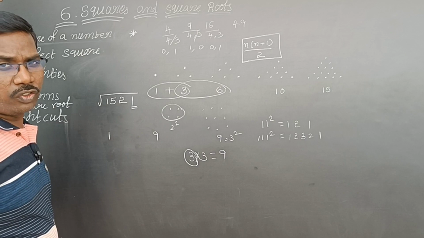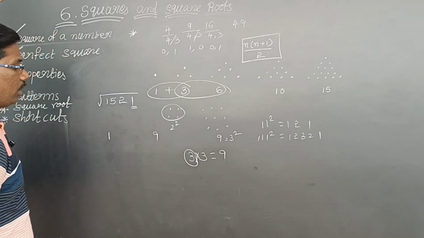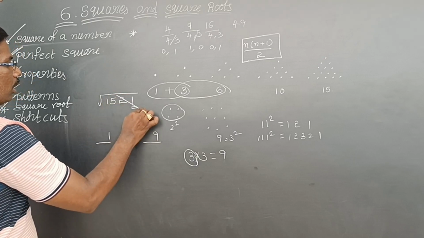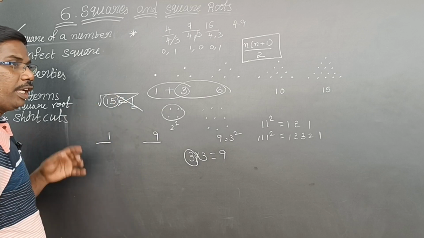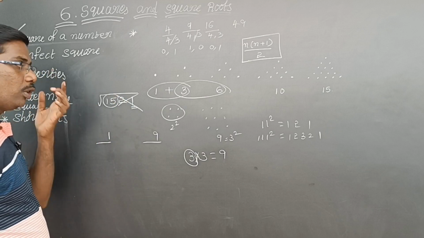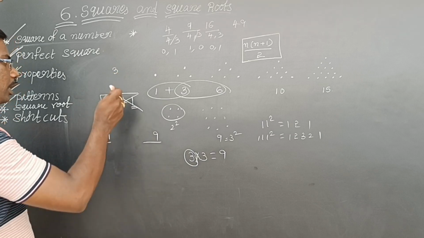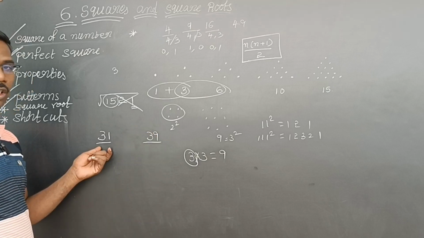It is a 2-digit number, so cancel the last 2 digits of the given number. Now 15: what is the nearest square? That is 3, since 4 square is 16, which is more. So you write 3 here.